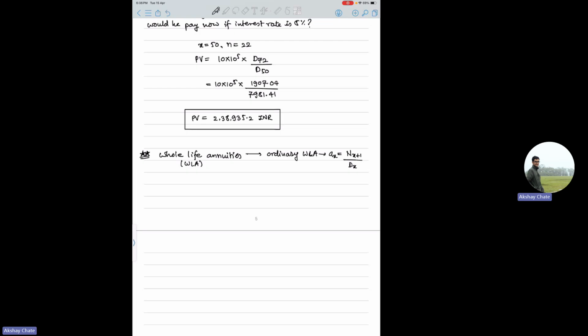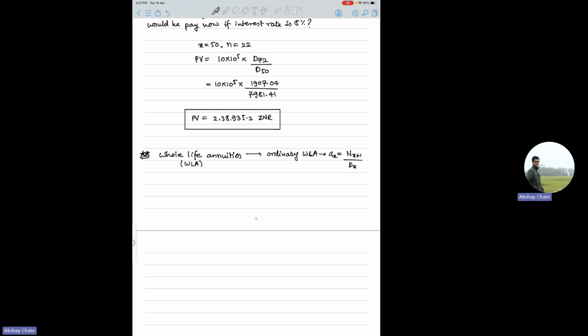Okay. X is your present age. Okay. And then you can compute the premium accordingly depending on the face value of the plan.